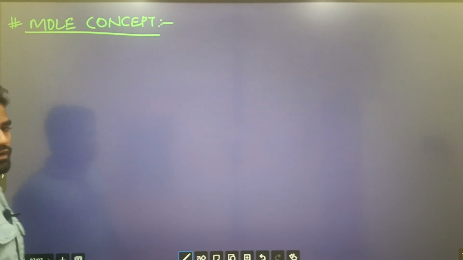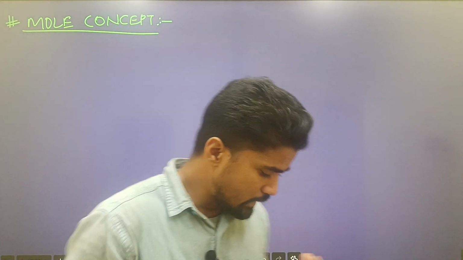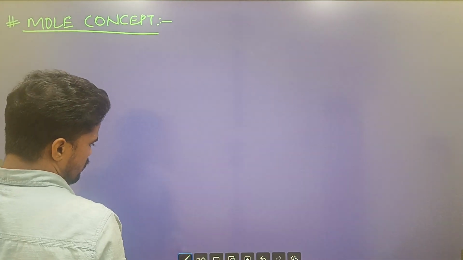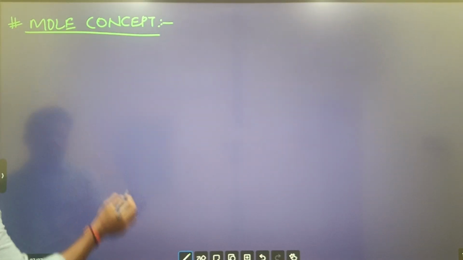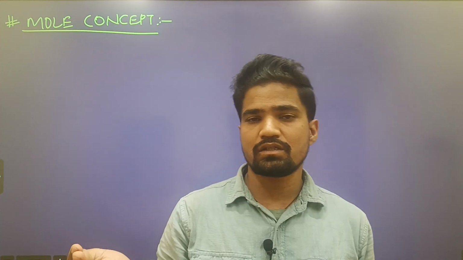So in mole concept, before going to mole concept, we'll discuss a little bit. Whenever we talk about any object in our universe, they have their own units. For example, suppose we are doing a feast or some ceremony and trying to cook. We need some vegetables.